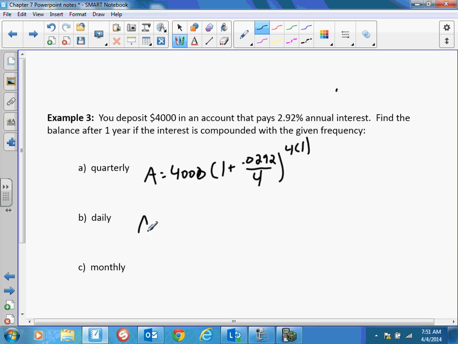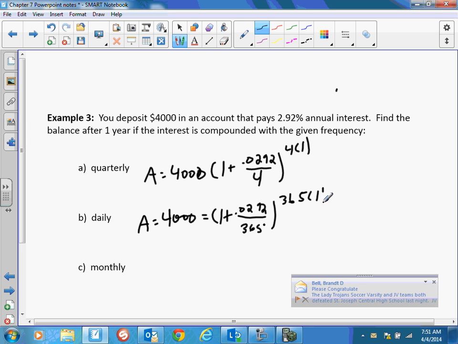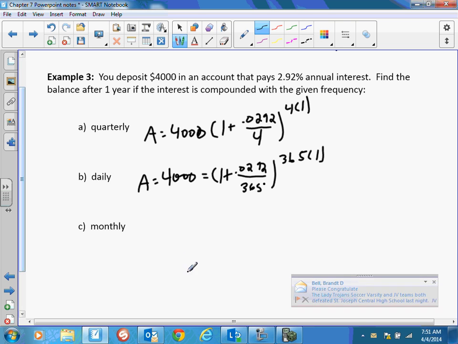When it's daily, it's going to be 365. So everything's going to be the same except now instead of quarterly 4, it's going to be 365, and then 365 times 1. And then monthly is going to be 12.